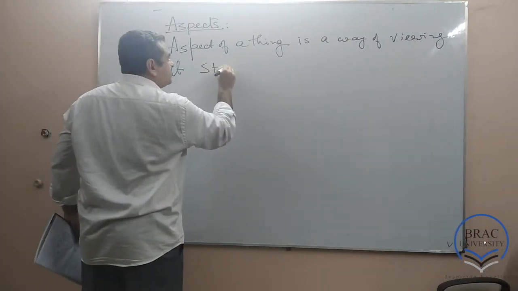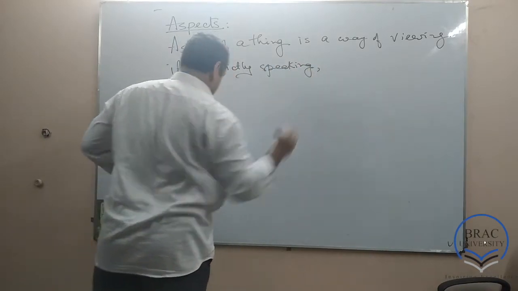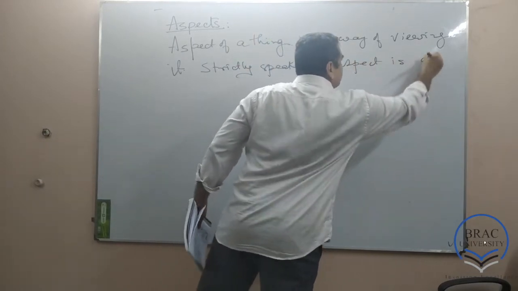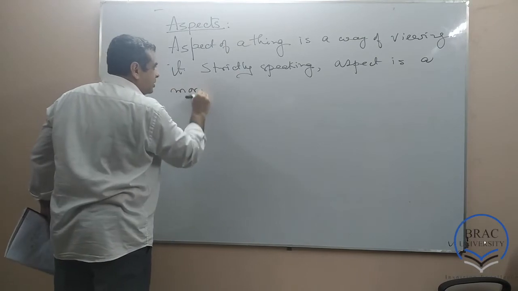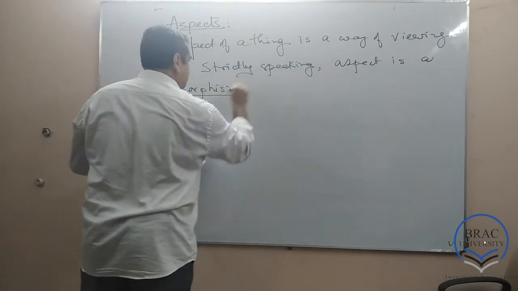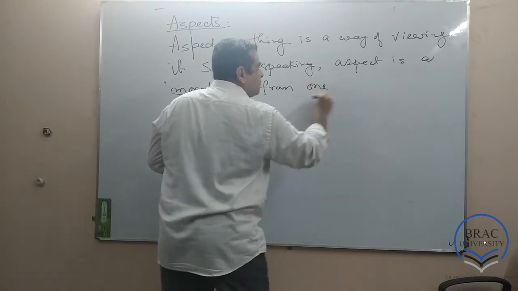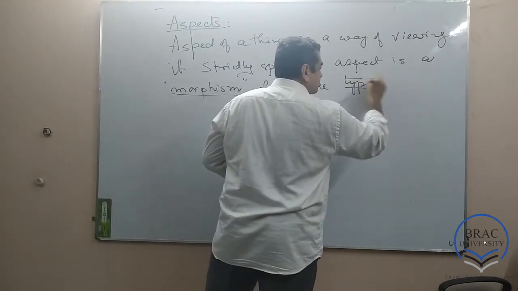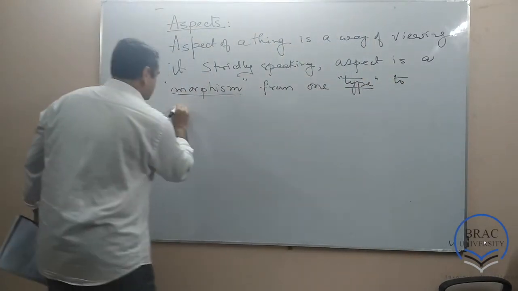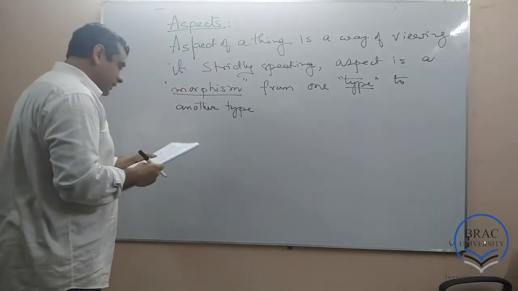Strictly speaking, aspect is a morphism from one type to another type. Let me give you an example.